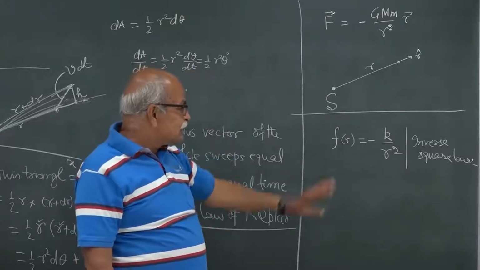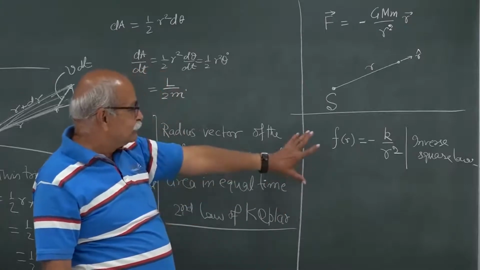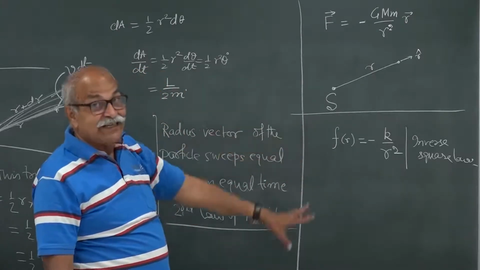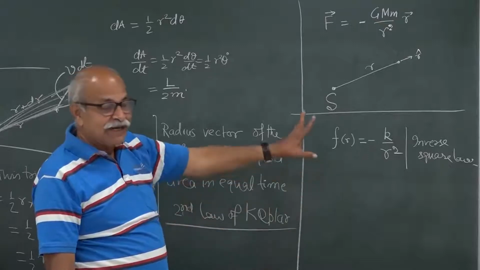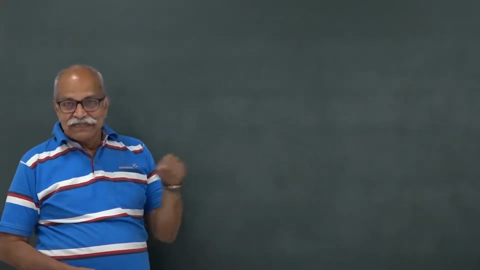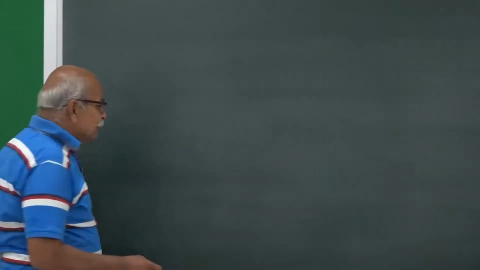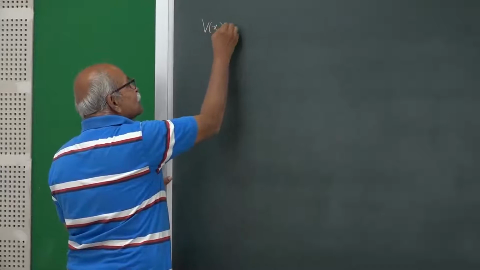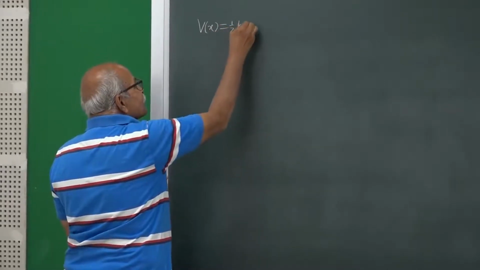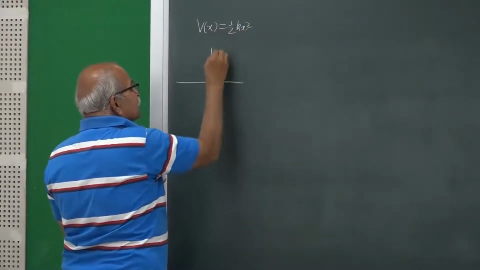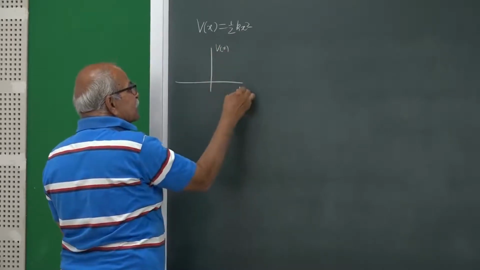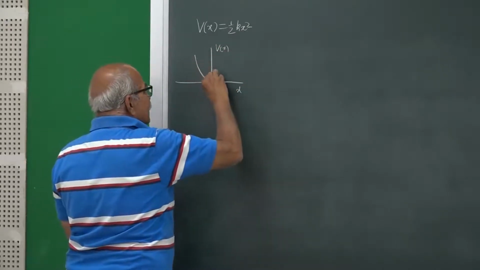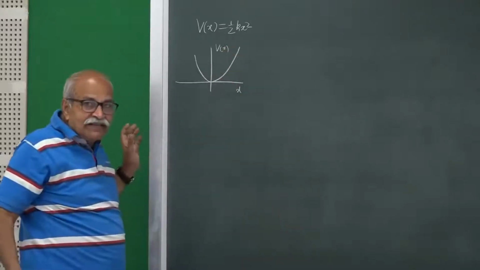Now, if this is the case, we can do something more using energy diagrams. Okay, so let me do that. I had talked about energy diagrams when I was talking of a particle moving in one straight line. I took an example of the spring force, V(x) equal to half k x square, and if I plot this V(x) as a function of x, it is a parabola, and from the shape itself I can tell many things.